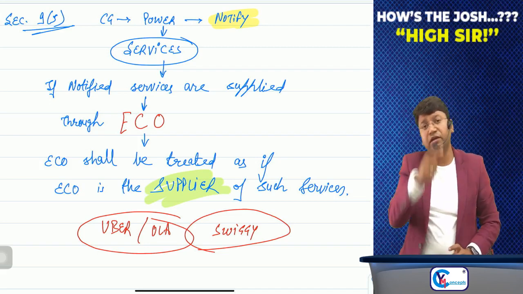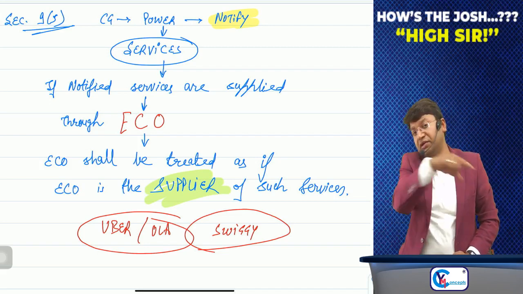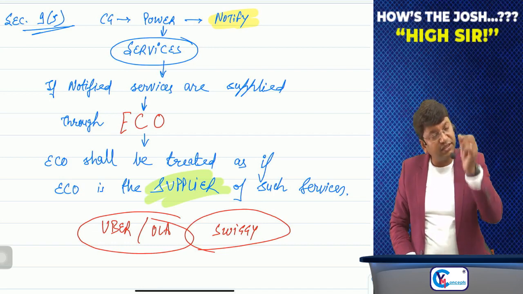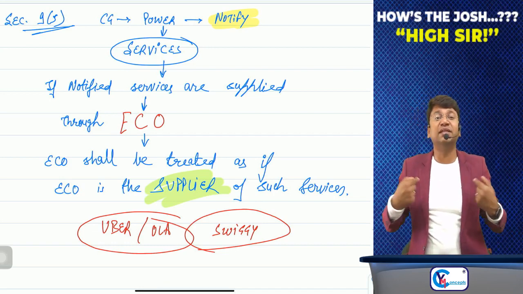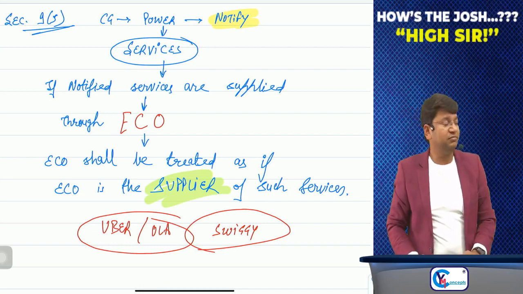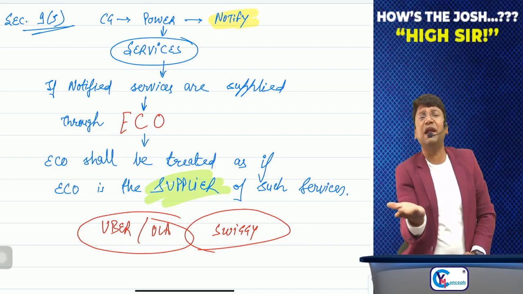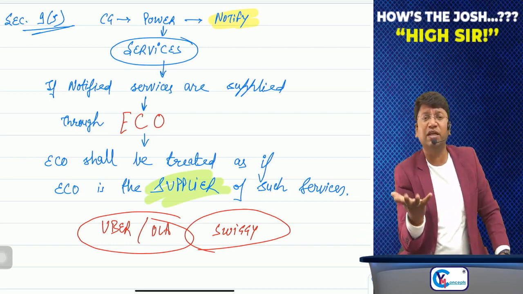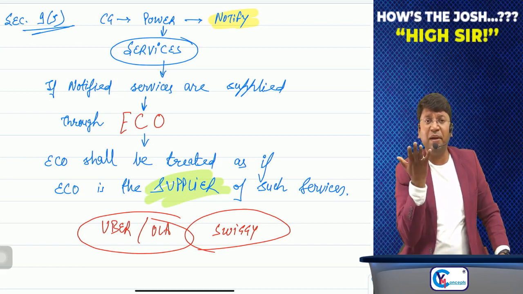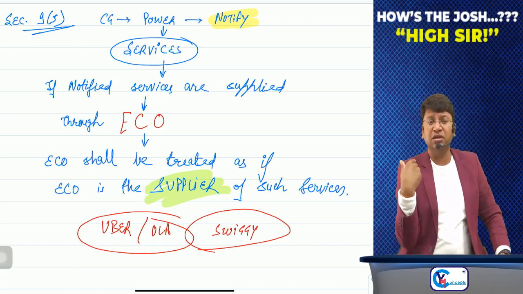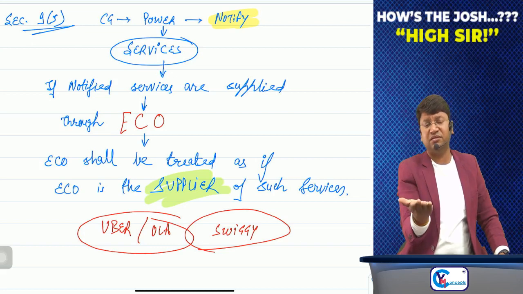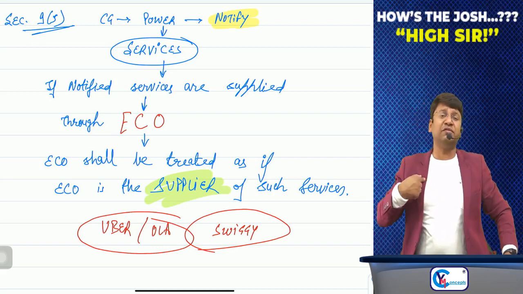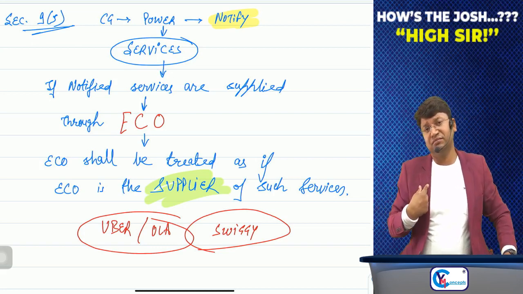First of all, the point comes, sir: who has provided you services? Who is the actual service supplier? This taxi driver is the actual service supplier. Ola is just a platform. Ola is just an electronic commerce operator who has provided a platform where we both, customer and supplier, can meet. The actual service supplier is Mangal.